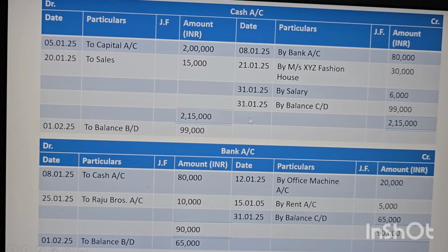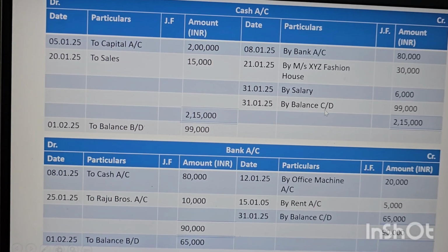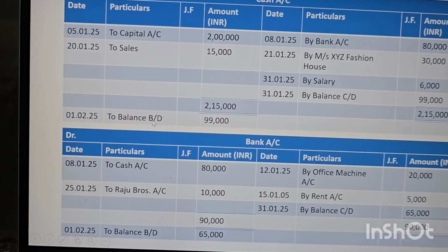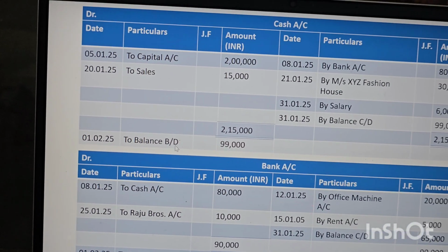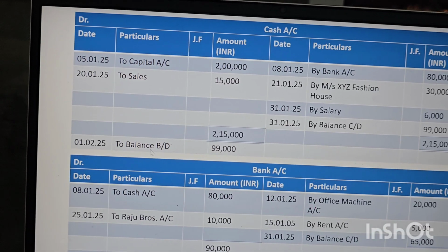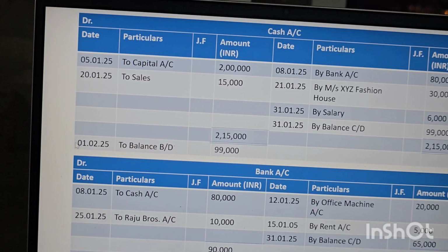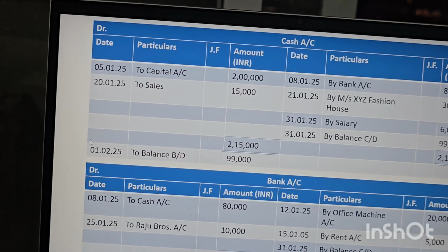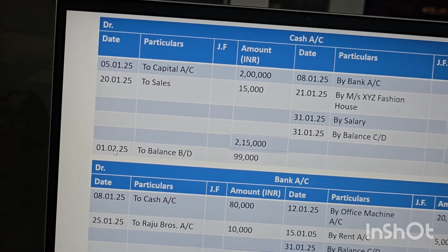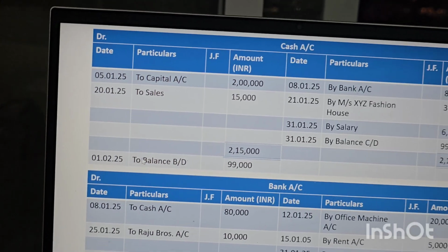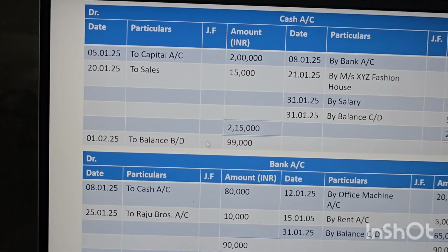Over here it is the balance CD, balance carried down, and over here it's balance BD, balance brought down of 99,000. Once you have brought down the balance of 99,000, you cannot have any transaction above this for this particular month.